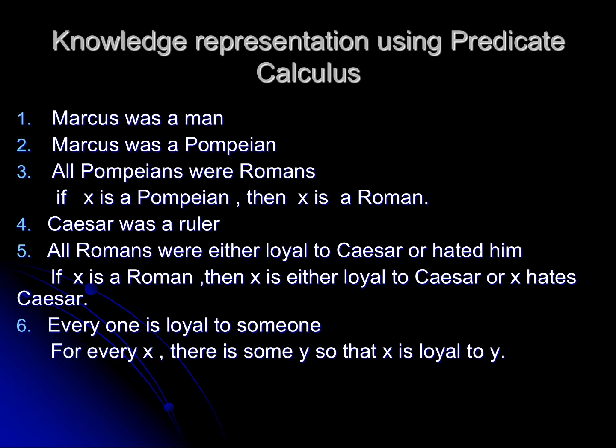Because for every is used, universal quantifier is expected. There exists some y means only for some y or for some people, the statement is correct. So, existential quantifier is required.